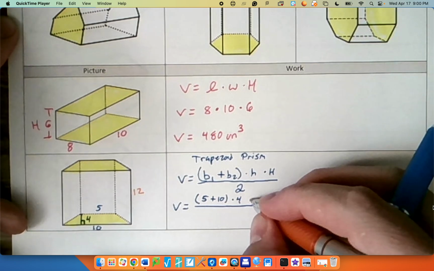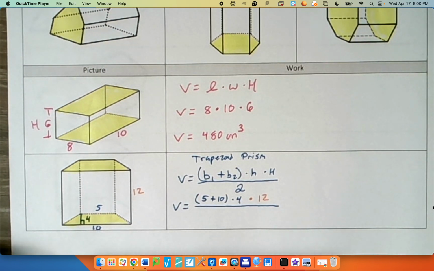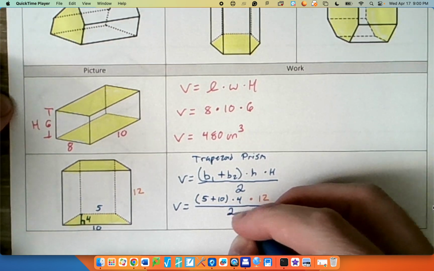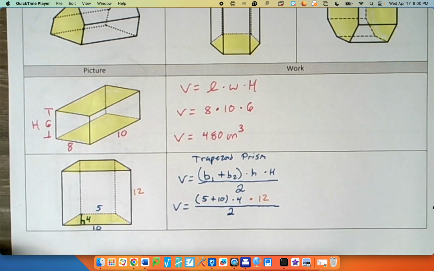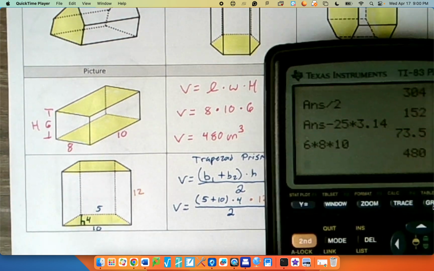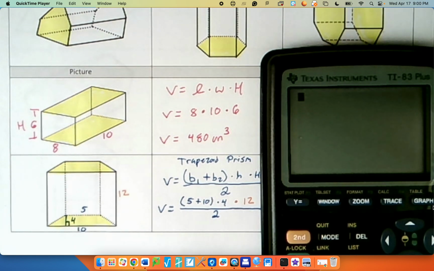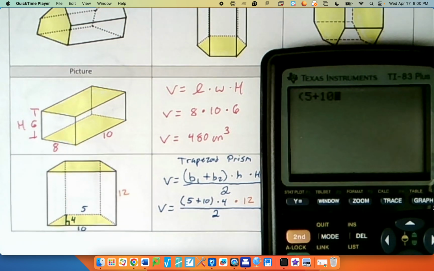So it's even easier for you to see where that 12 fits into the formula. Then we just have to remember to divide it all by 2. On my calculator, we could type that whole thing in, but we would have to use parentheses at the right time: 5 plus 10 in parentheses times 4 times 12 divided by 2, and we get 360.